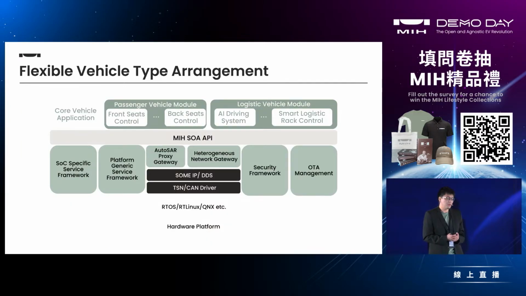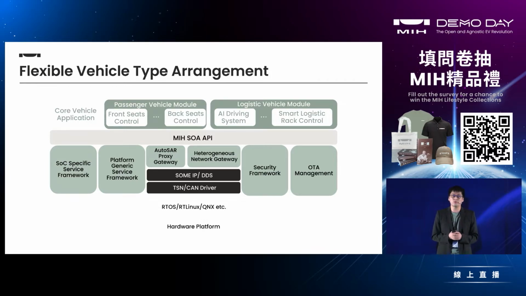Once we complete the software application libraries, through this combination of the application with the modules, we can build the B2B and build our own vehicle things, like we have the core vehicle applications.